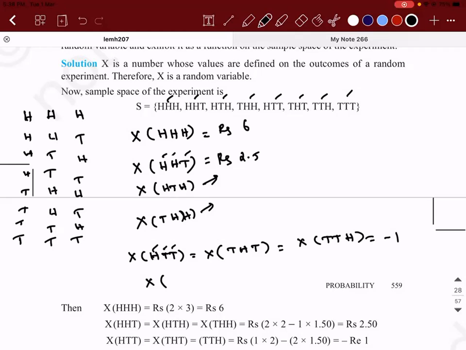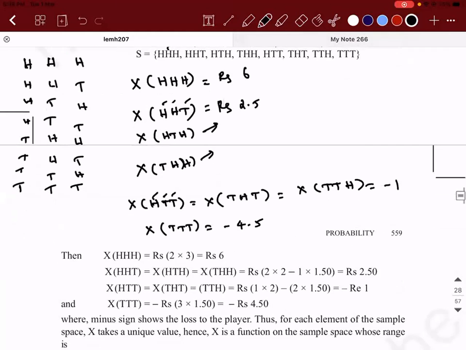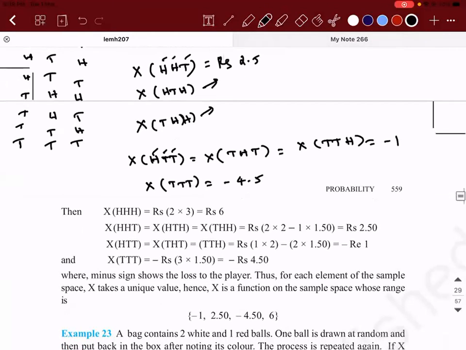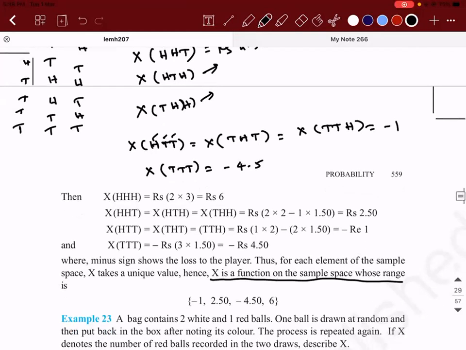And X of TTT is how much? He is losing 4.5 rupees. So if I write this X in the form of a set, what is the range of values possible for this random variable?